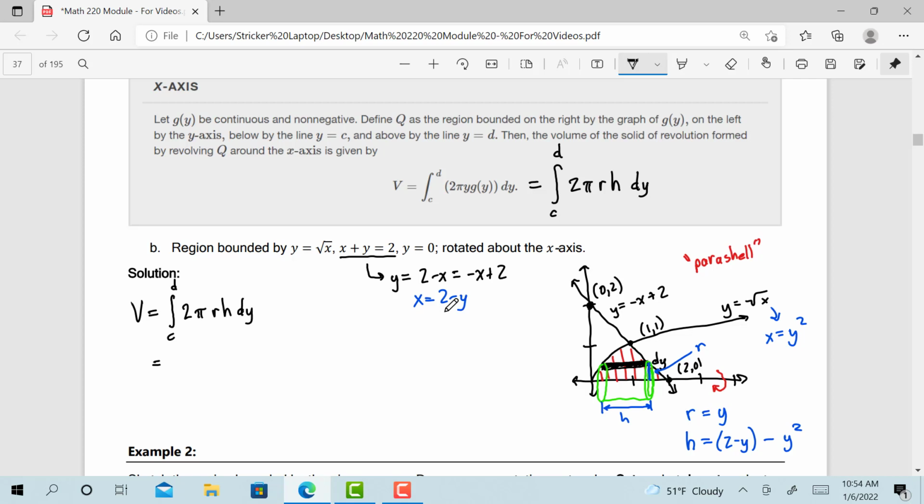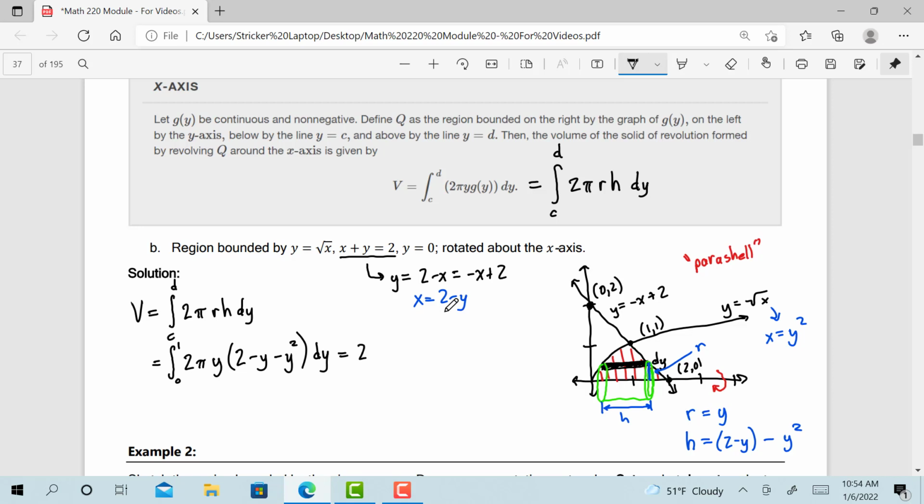So filling in the details, since we're going in y, our representative rectangle starts at the bottom at 0 and goes all the way up to 1. Fill in that red area. So we'll go from 0 to 1, and then we've got 2 pi, and then r is y, and h we just determined was 2 minus y minus y squared dy.